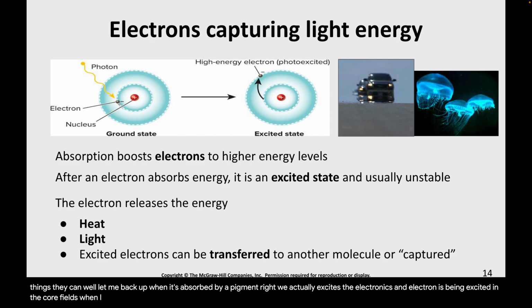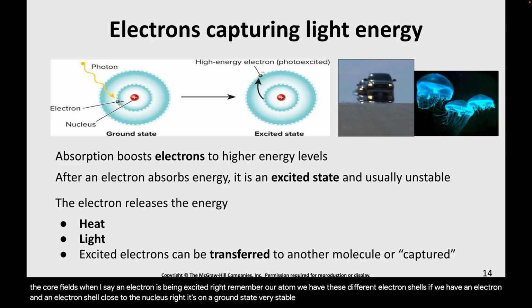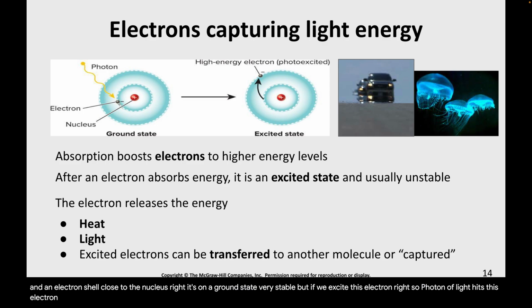When I say an electron is being excited, remember our atom, we have these different electron shells. If we have an electron in an electron shell close to the nucleus, it's in a ground state, very stable. But if a photon of light hits this electron, it can become excited and jump to the next electron shell out.